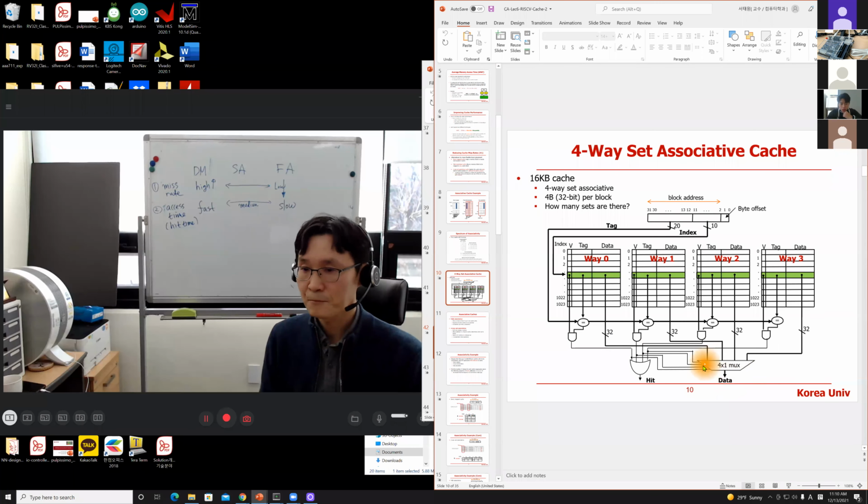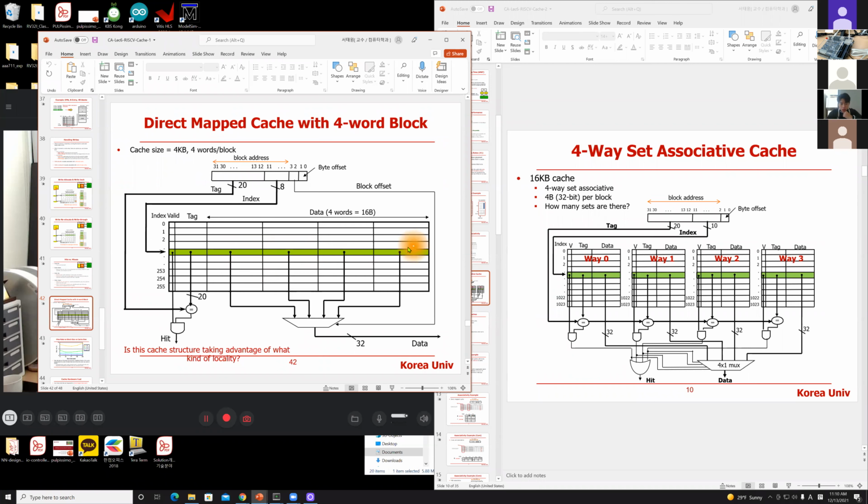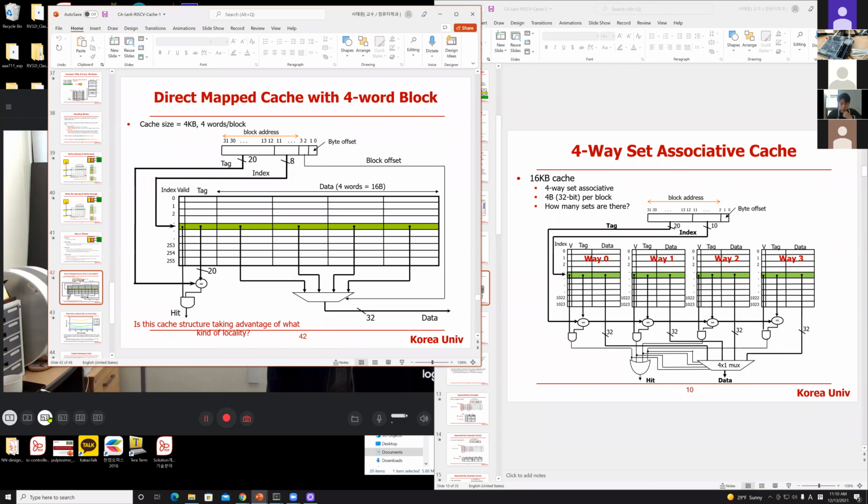So it is slow. If you compare that against this one, this multiplexer is because we have a long cache line, this one with a 16 byte cache line. This one is different from that multiplexer, right? For simplicity, I did not draw that multiplexer, but you have to have it in four-way set associative cache as well.